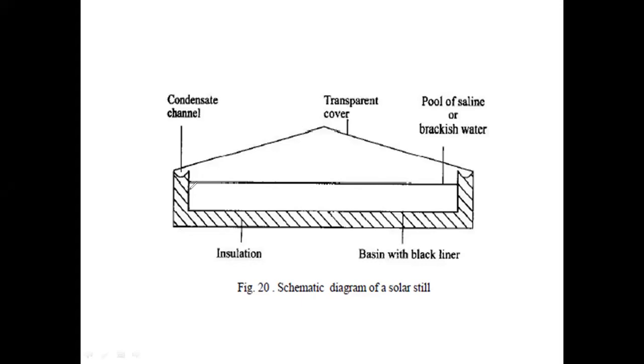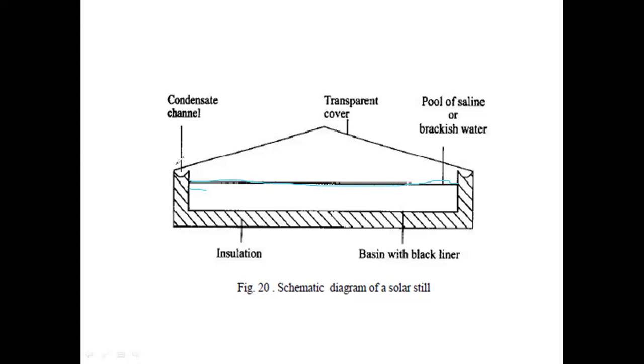You can consider that if this is the solar still, then it is filled with water, and up to this level you can impound the water in the solar still. The purpose of the solar still is to obtain distilled water.